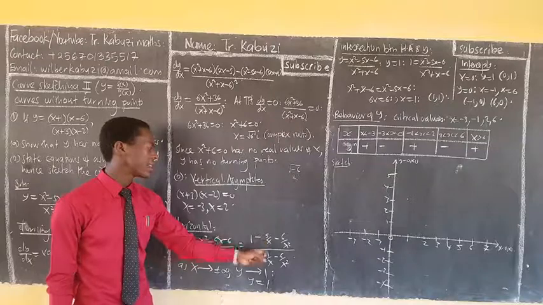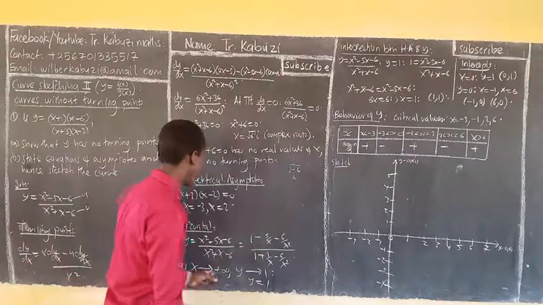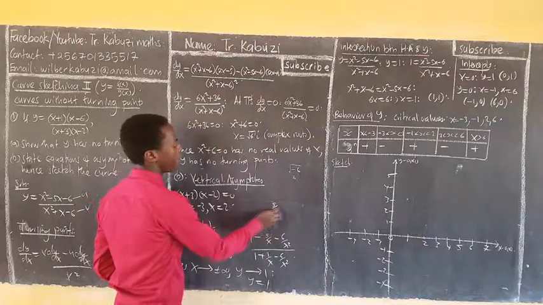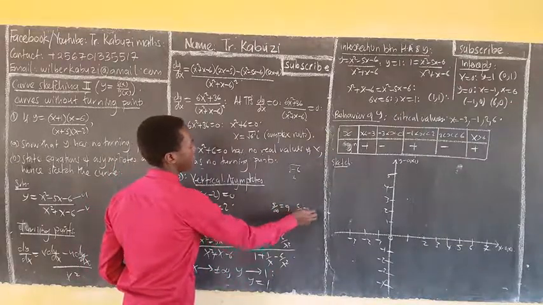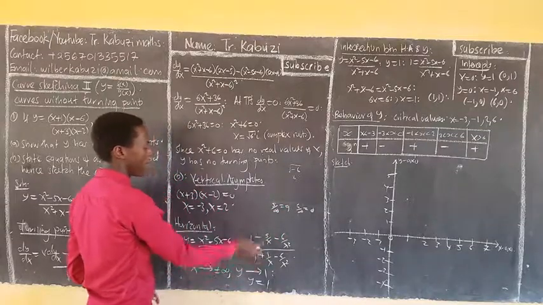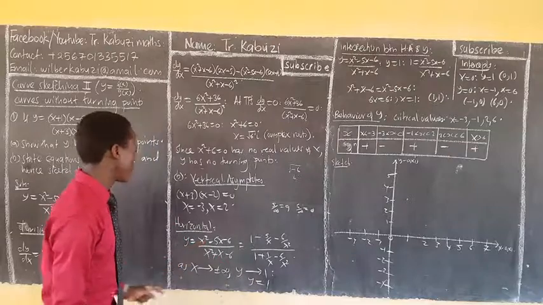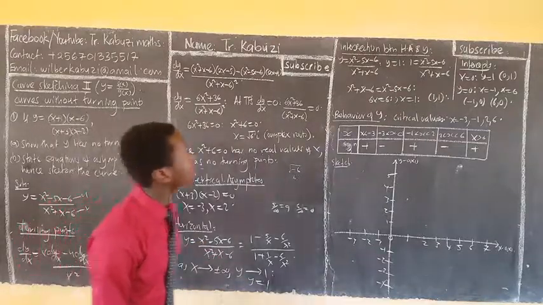So divide through by x squared. When x tends to infinity, 5 over infinity is 0, and 6 over infinity is also 0. So we have 1 minus 0 over 1 plus 0, which is 1 divided by 1, so we get 1. So the horizontal asymptote is y equals 1.